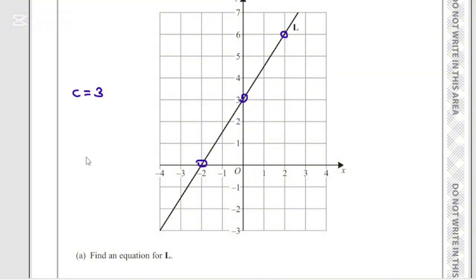So to find the gradient, we are going to say gradient m is equal to rise over run, all right? Rise is always in the y-axis. So we start with how many times are you moving from the point where the graph is crossing the grid exactly on this corner to here, all right?